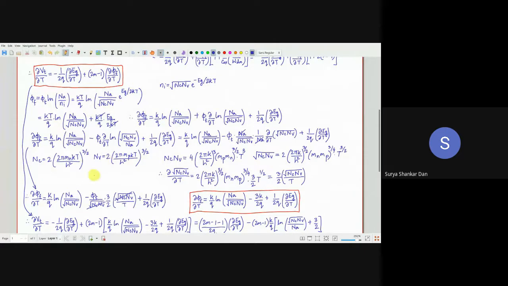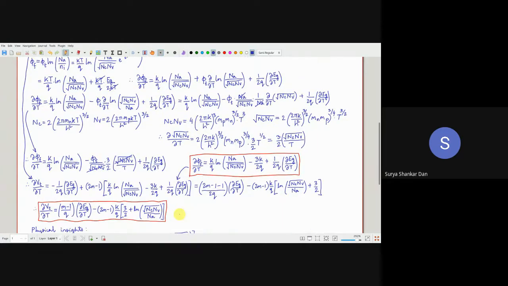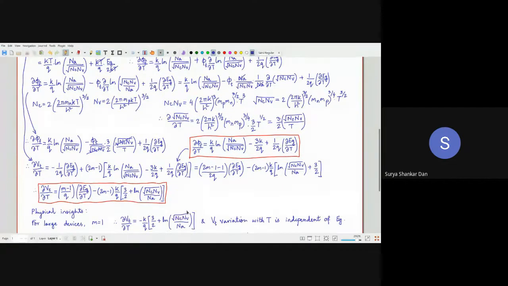The only difference is, instead of this, 2m minus 1 is also here. Instead of del phi by del T, we have essentially figured out that relation. So I'm going to put it right there. Okay. So now what is interesting for us is, notice there are several terms containing del Eg by del T.